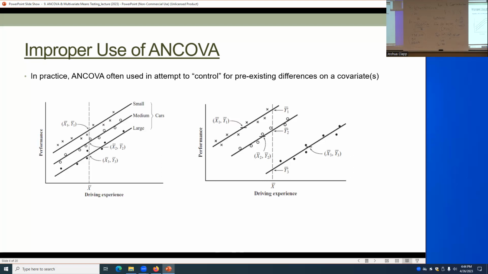So my comparison now is between this and this and this, even though for people driving big cars, the expected value at average experience is not even a realistic value that anybody showed in there. Same thing for my small cars. Average driving experience for the full sample exceeds any actual performance we saw in that group, right?